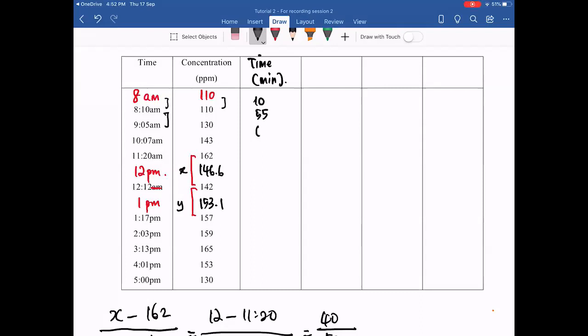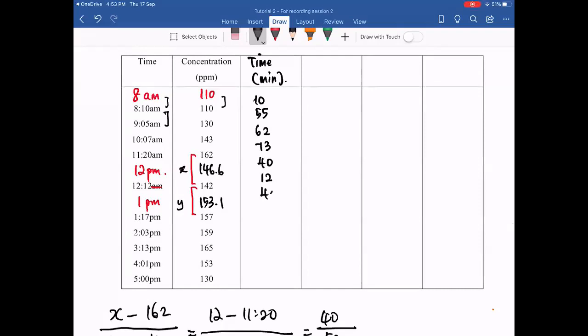And then the next one is 62, 73, 40, 12, 48, 17, and 46, 70, 48, and 59. Okay, so this is the exposure time.